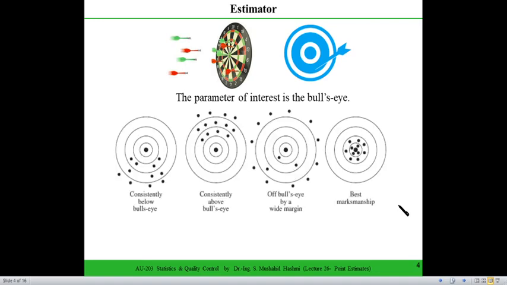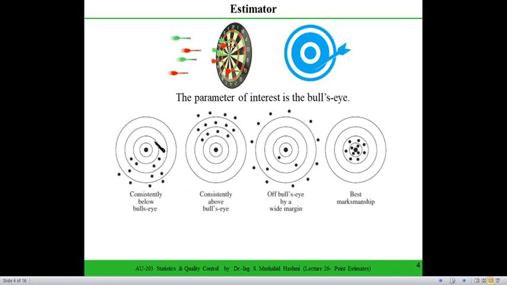But what could be the possible cases? For example, in the first case the target is at the center, but most of your attempts are away from the center, and most of them are below the center line.